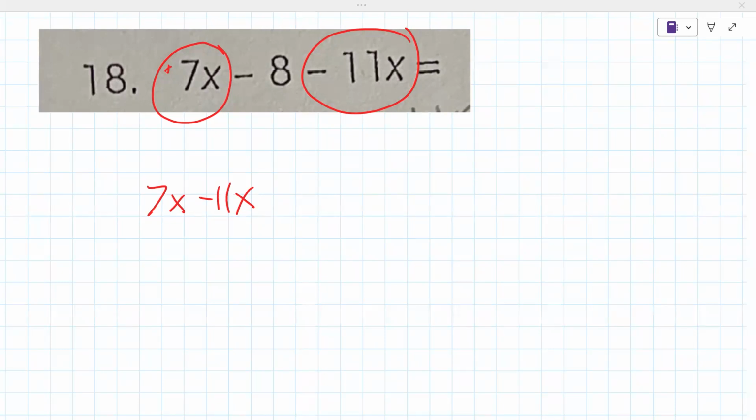Go ahead. That would be a -4. Any letter to go with it? -4x. Good. Now, this -8, does it combine with anything? No, it does not. Okay. All right, let's look at 19 next.